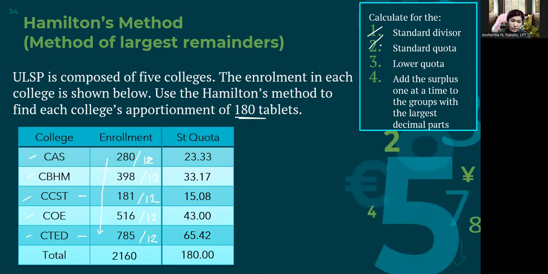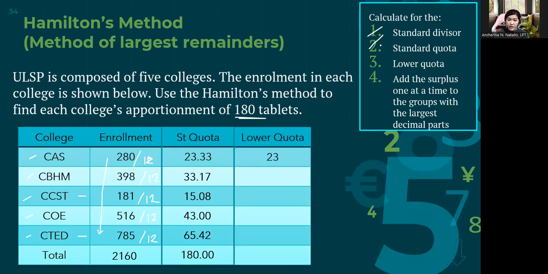Next is to look for the lower quota. Remember, in getting the lower quota, we would just need to round it down. Kahit malaki pa yung kanyang tenths and hundredths place, still round down. So, this will become 23. This will become 33.